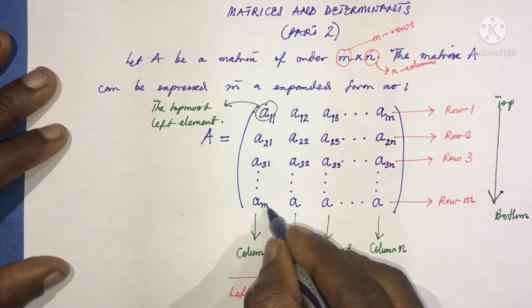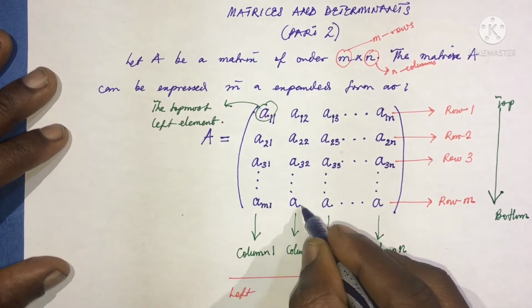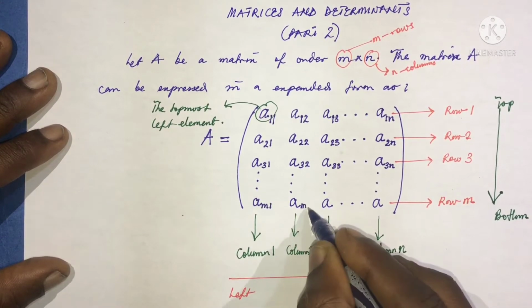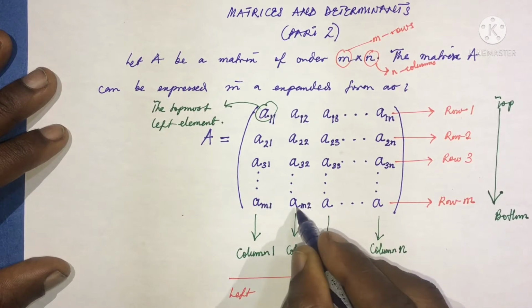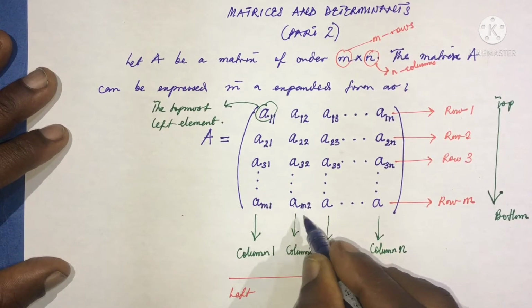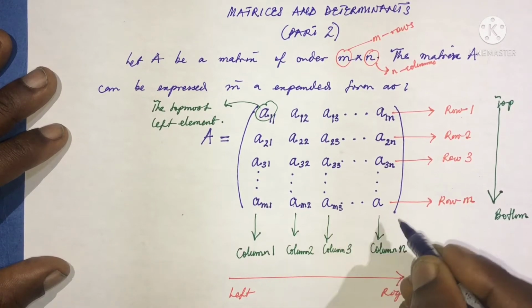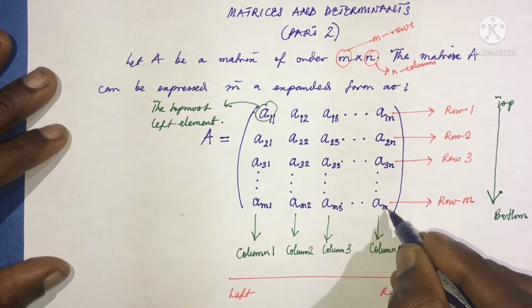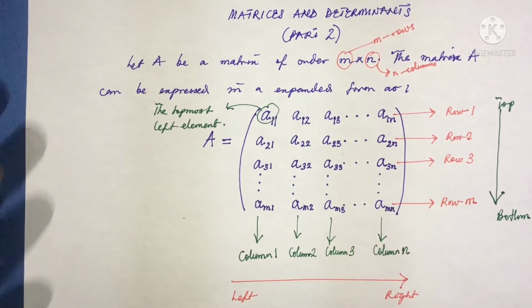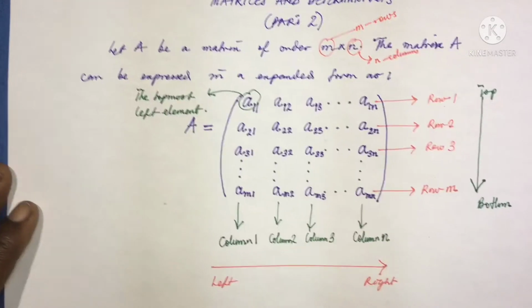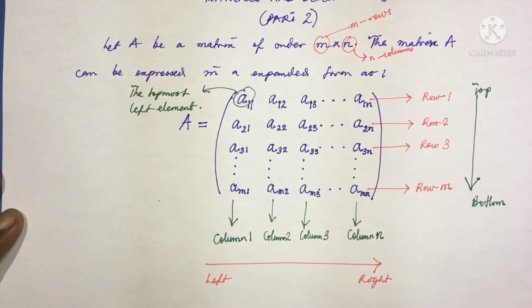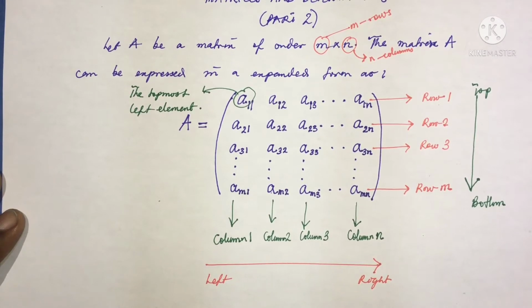So this is row m, column 1, this is row m, column 2. This is in row m, column 3, and this will be row m, column n. Okay, so this representation of a matrix is the expanded form of this matrix.